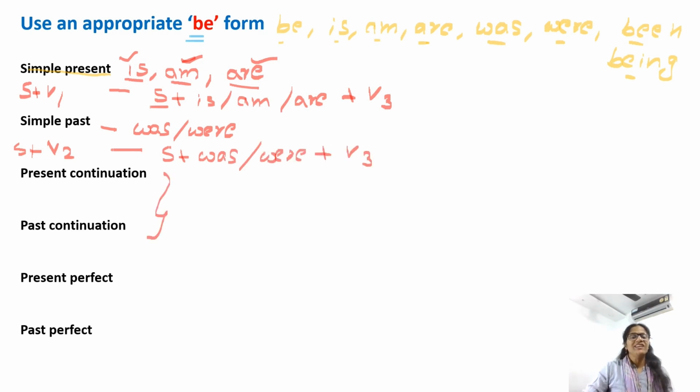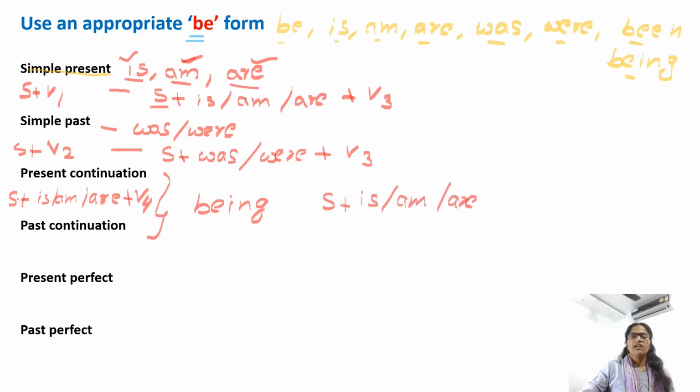If the sentence is in continuous form, the extra be form we use is being. The present continuous structure is subject plus is, am or are plus V4, that is the ing form of a verb. In passive voice, the structure of present continuous is subject plus is, am or are plus the extra be form being plus V3.